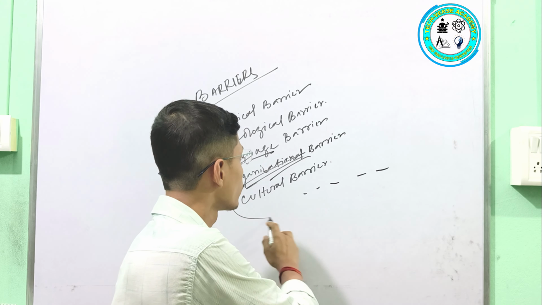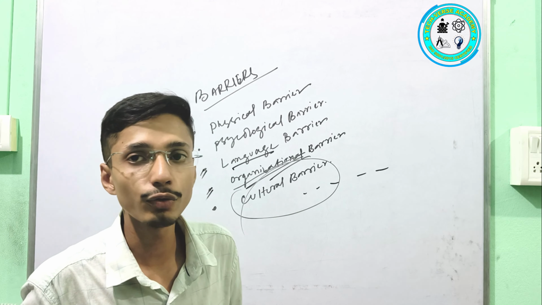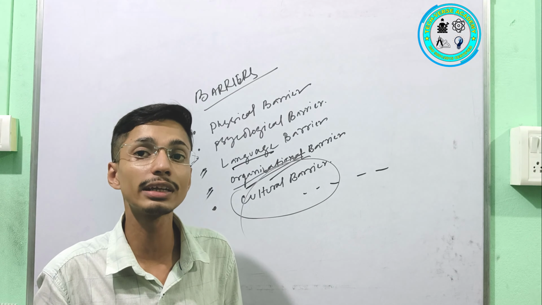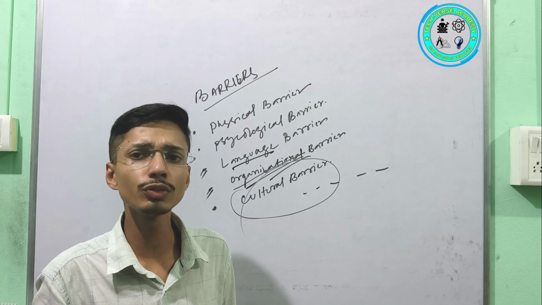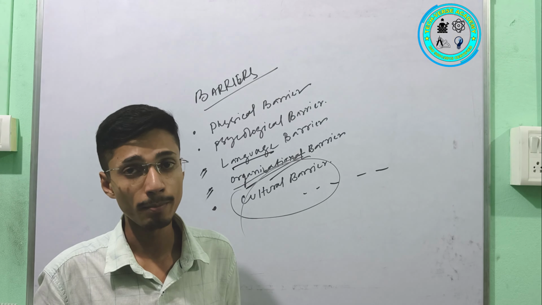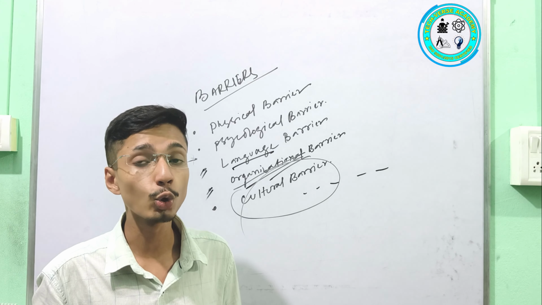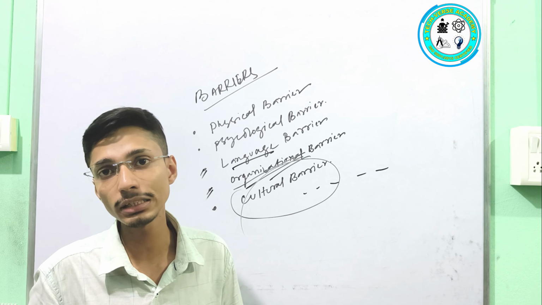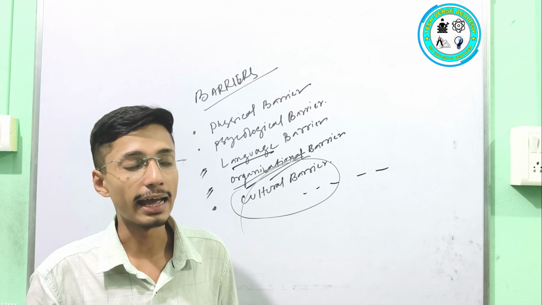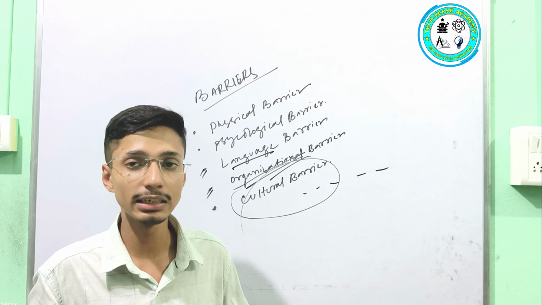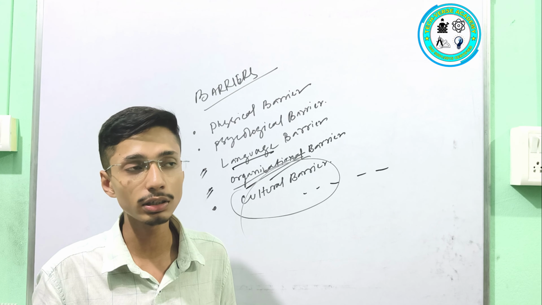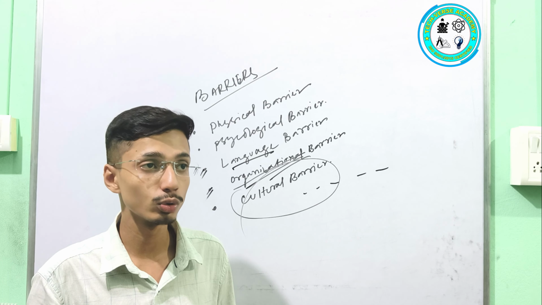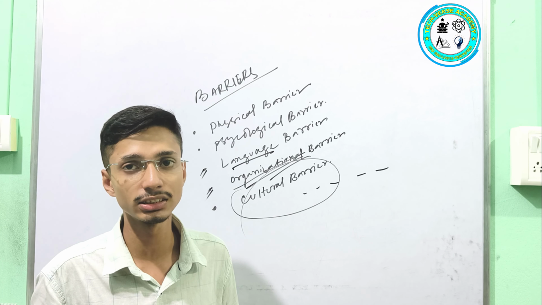And the last and foremost barrier is the cultural barrier. What does culture mean? Culture doesn't mean our religion. The language of each and every religion is almost the same, but culture means our social and cultural norms. Like I am a civilized person of a town, and there are lots of tribes in India or in the world who are not so civilized.